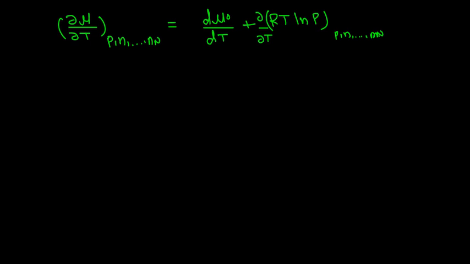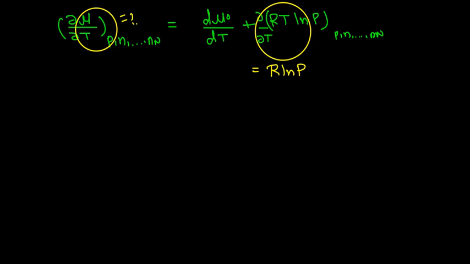Okay, so what information do we get from here? I can always simplify this quantity as simply equal to R ln P. And what is this quantity equal to?